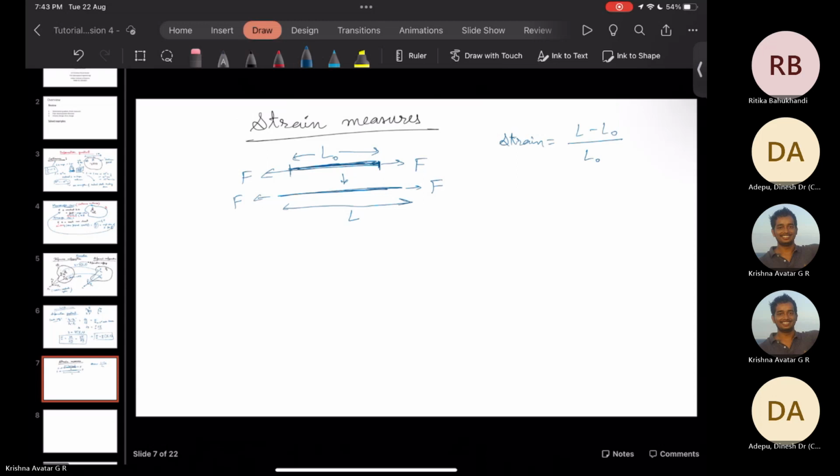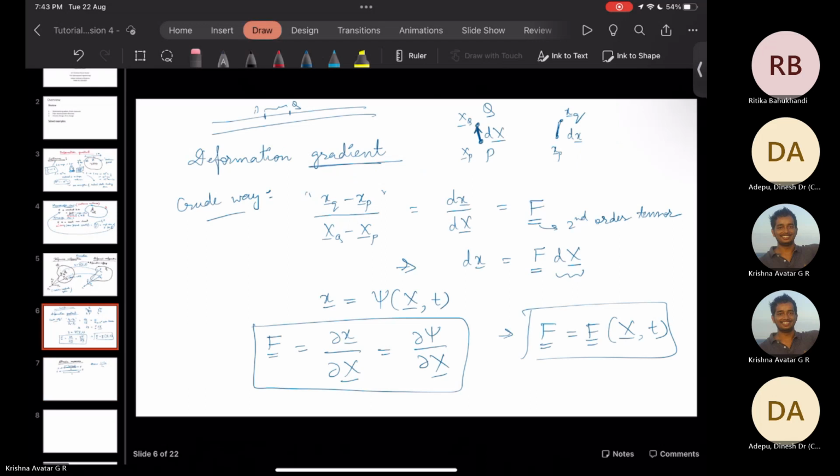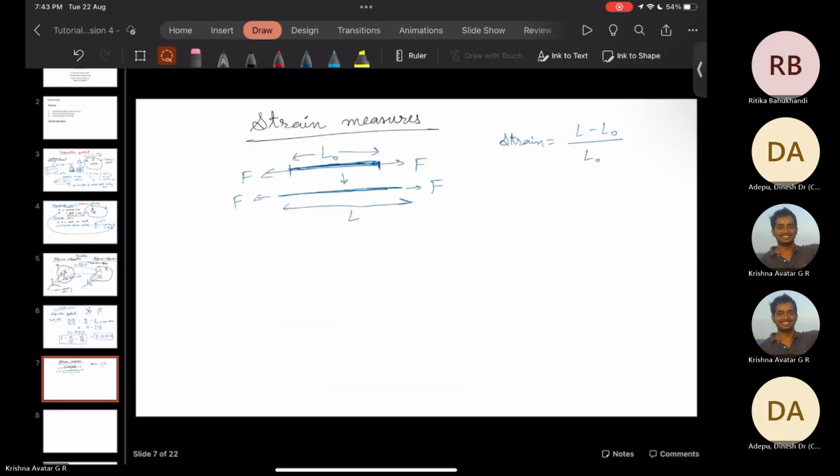So let's consider a general element. I'll pick up this figure again because we'll be using it. Sometimes copying doesn't work, so I'll just draw it again.